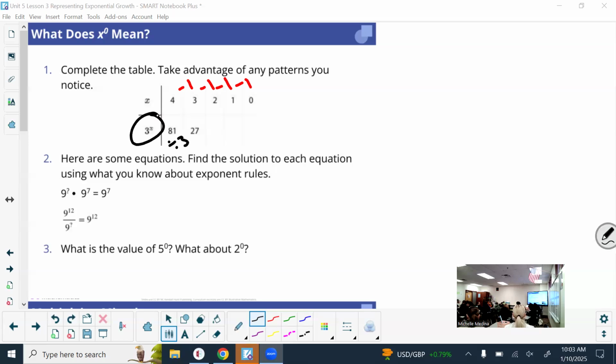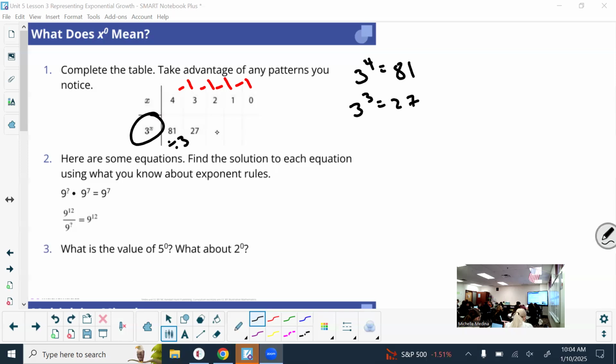For each output, they're doing 3 to the power of whatever x is. So you all could have put it in because of the rule. But 3 to the power of 4 is 81. 3 to the power of 3 is 27. That is the rule.